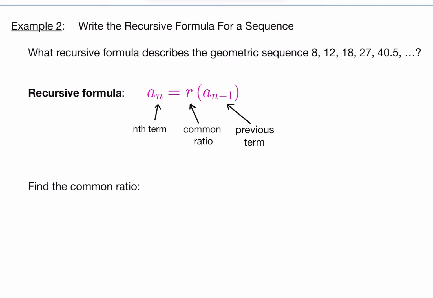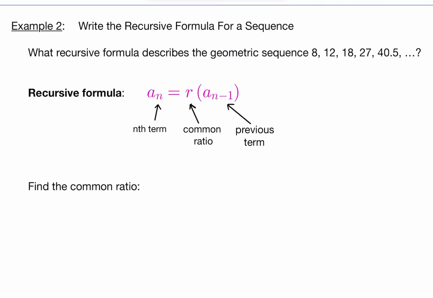The recursive formula states that the nth term, so let's say we're looking for the third term, a sub 3, that is equal to the common ratio times a sub n minus 1, meaning the term before the third term. So n minus 1 would be 3 minus 1, or the second term.